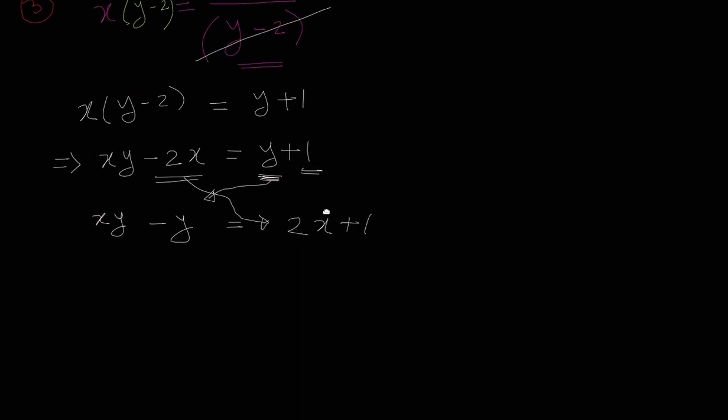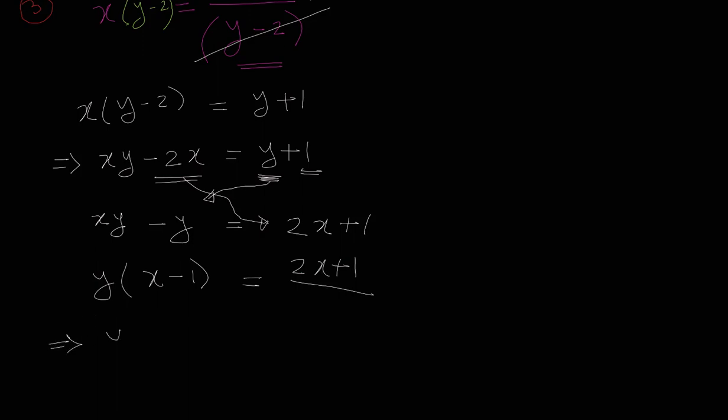Now let's take y as a common factor. So I have y times (x minus 1) equals 2x plus 1. So my y will be (2x plus 1) over (x minus 1).